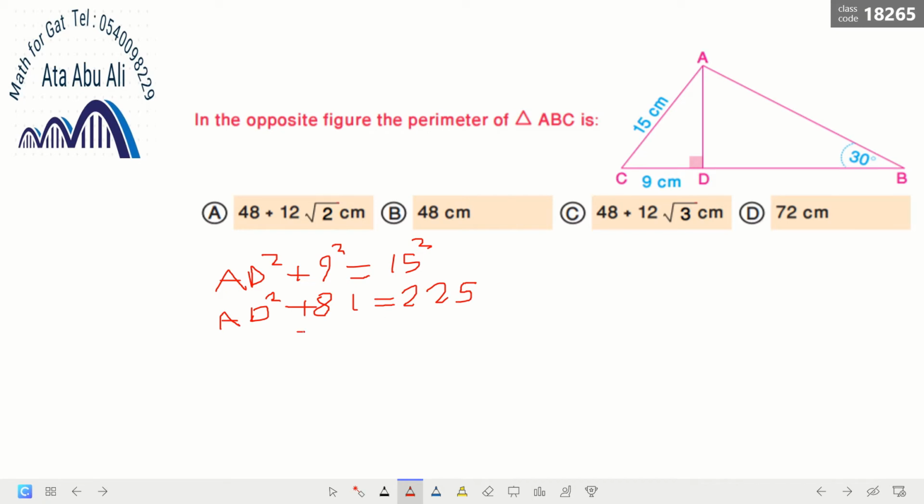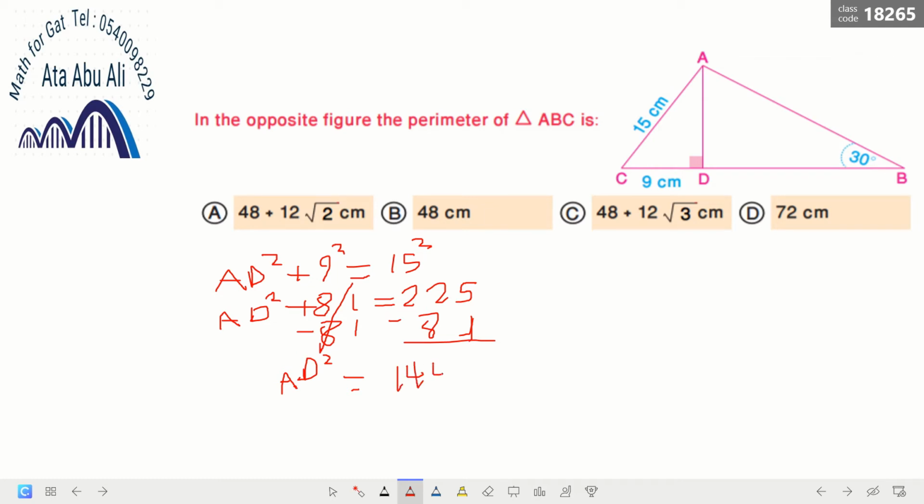Then we subtract 81 from both sides. 81 minus 81 becomes 0. So AD square is equal to what? To 225 minus 81, which is 144.